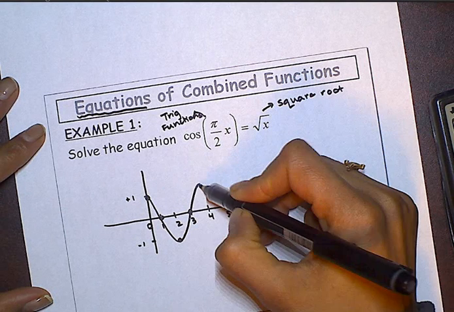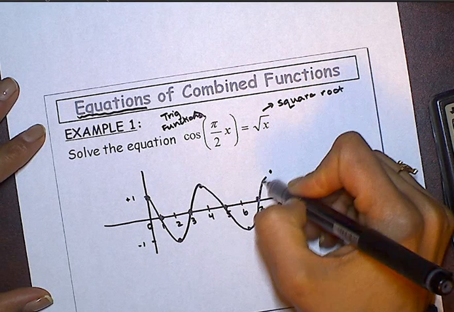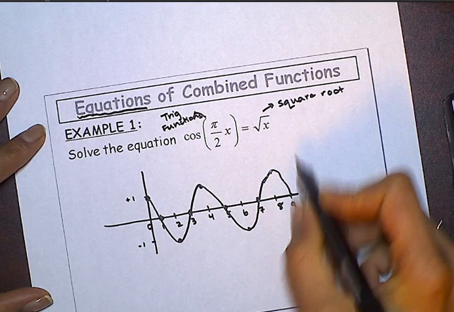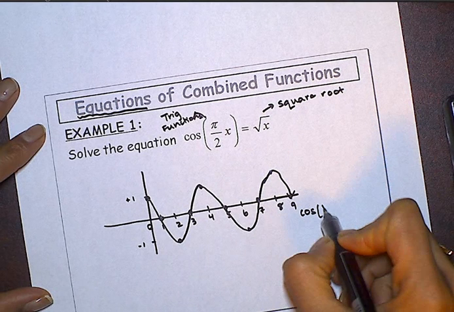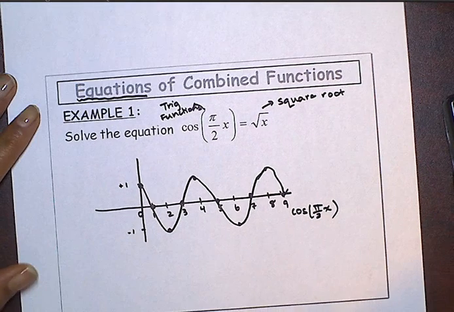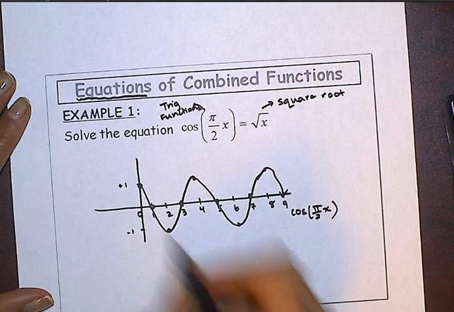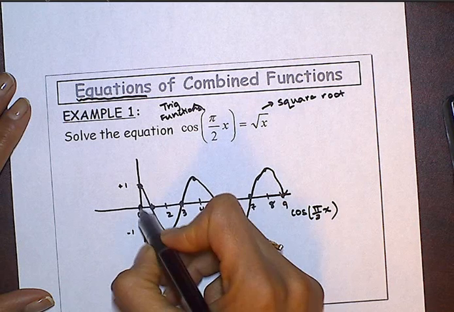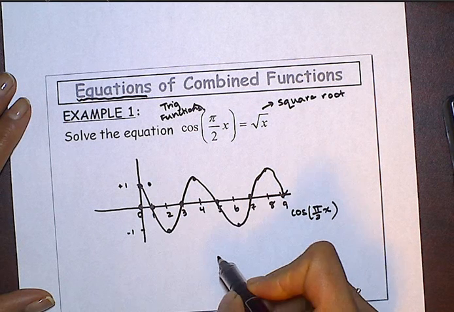Now I'm going to graph square root of x. Square root of 0 is 0, square root of 1 is 1, square root of 4 is 2, and square root of 9 is 3. Those are my key points.